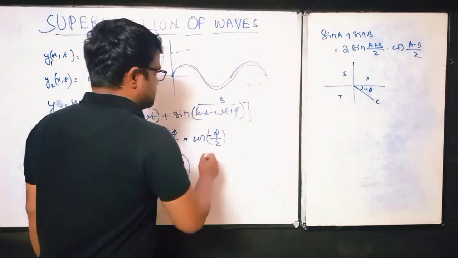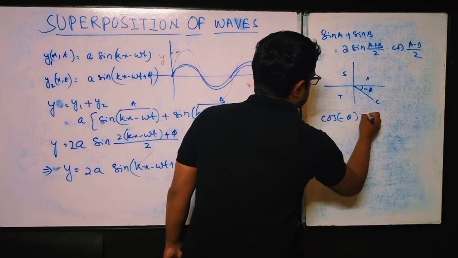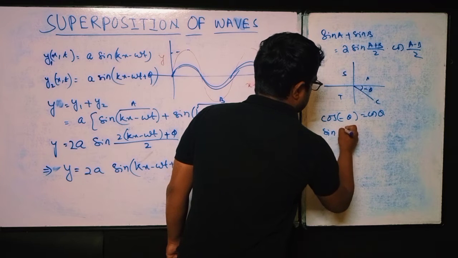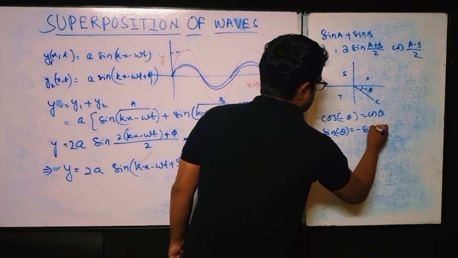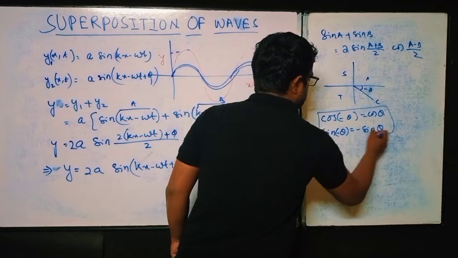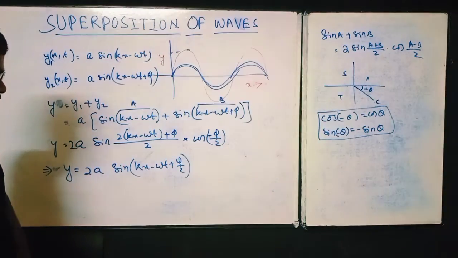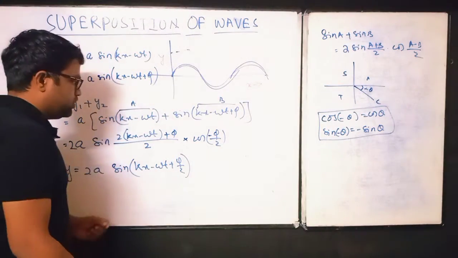Remember, cos is an even function, cos minus theta is cos theta, and sin of minus theta is minus sin theta. Mathematics students know all these things. Those who do not have mathematics should know a little bit of trigonometry to solve the questions.